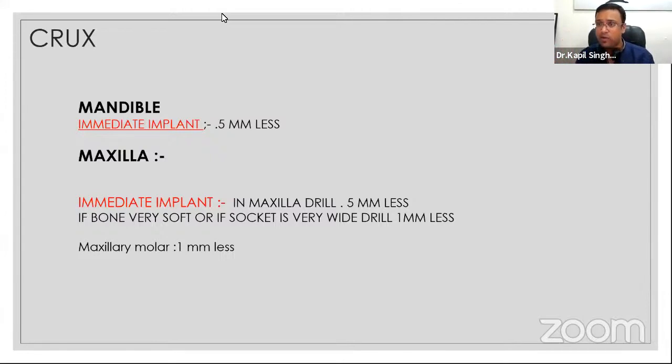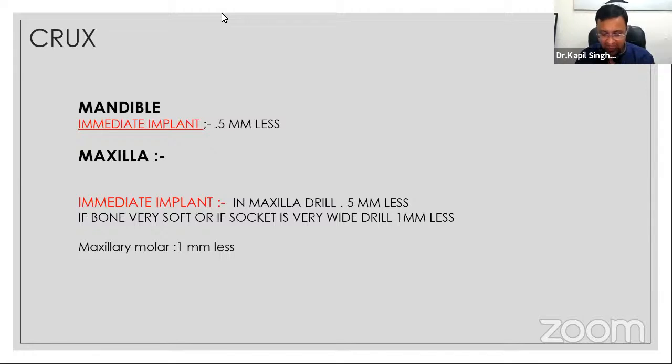Okay, so the depth will depend upon my inferior alveolar nerve. Ultimately you have to drill 2 mm below the socket to get that primary stability, but please make sure that while drilling you don't reach quite near the nerve, otherwise the patient will have paresthesia. So depth will depend upon the location of the inferior alveolar nerve.